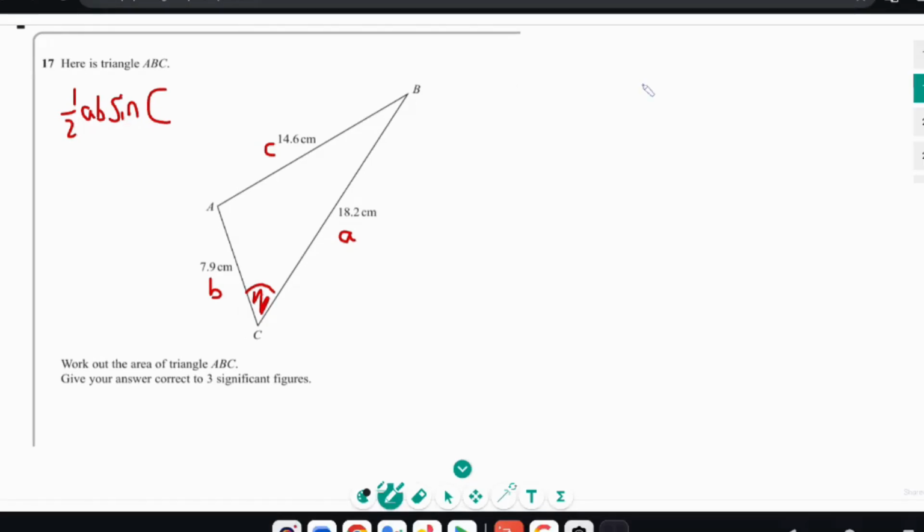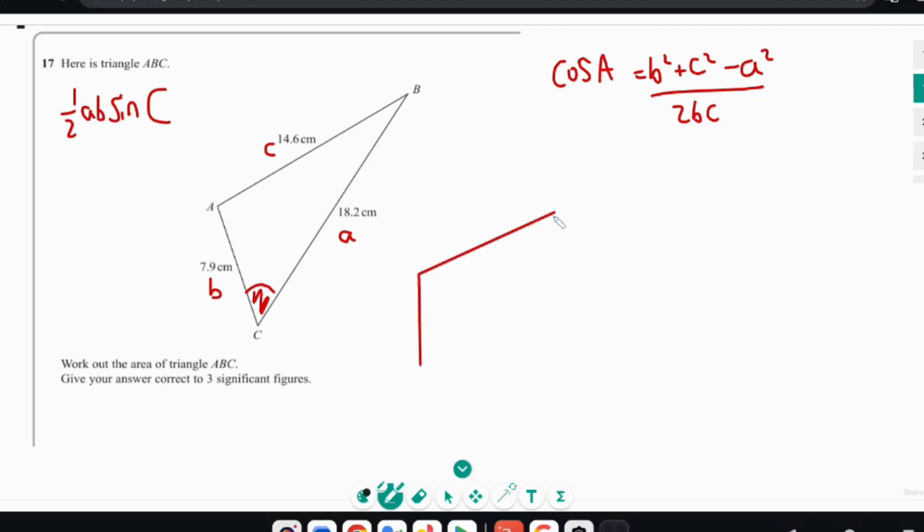I do find that people prefer to memorise the cosine rule for missing angles. So it's cos A equals b squared plus c squared minus a squared over 2bc. Right, I'm just going to need to change up some of these letters now. I'm just going to draw my triangle again. So my A is the angle I want to find, which is that one there.